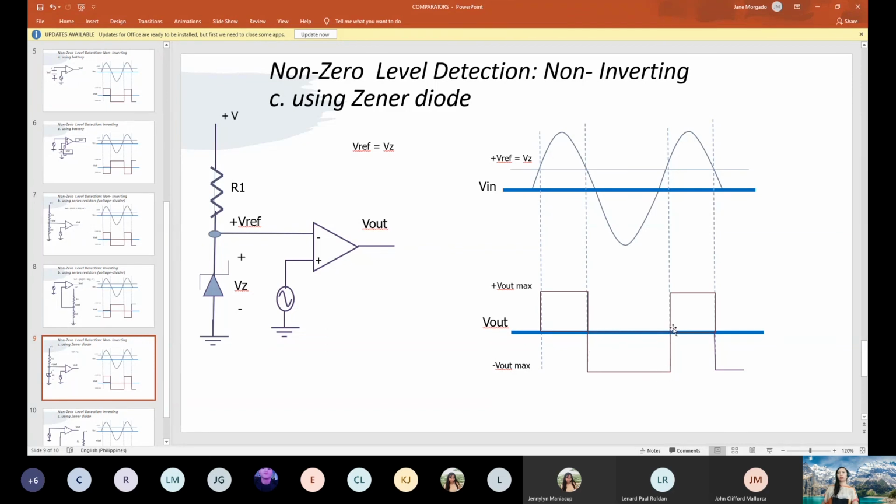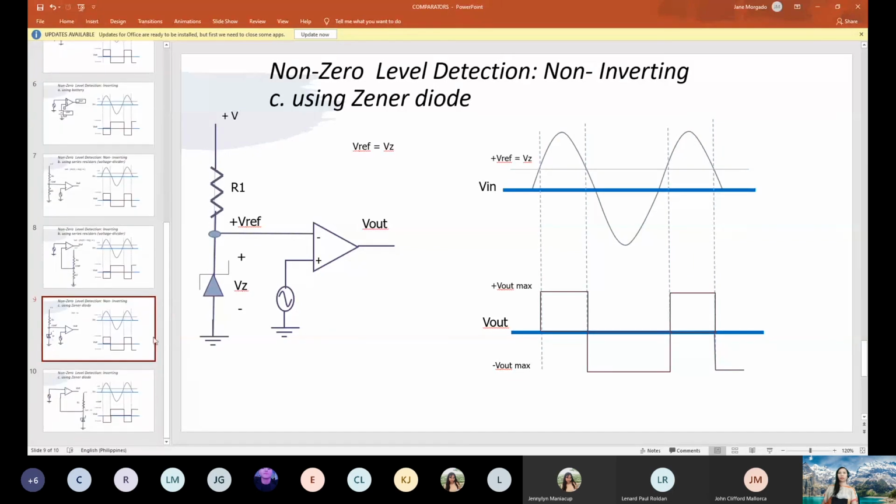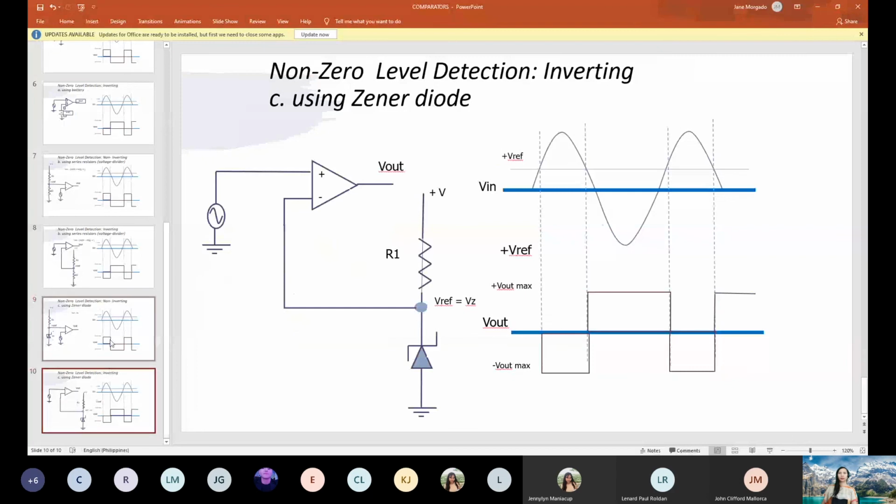So in a comparator, all you have to do is to familiarize yourself with the waveform, how it will behave. You just have to memorize that. And last.